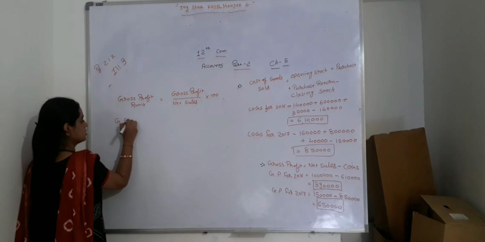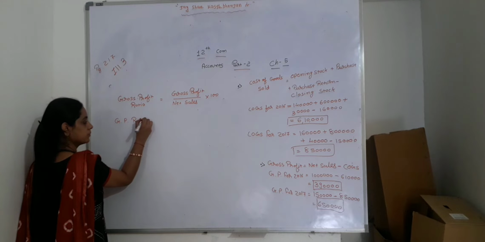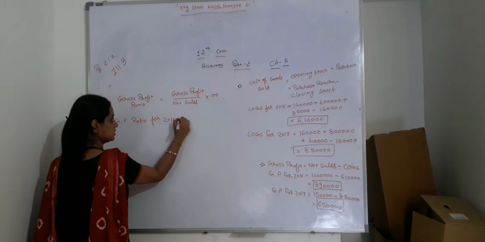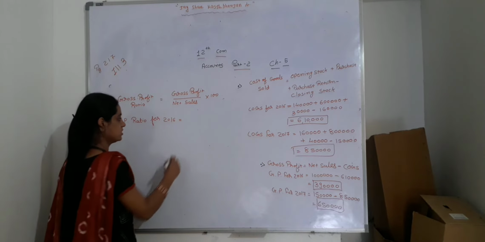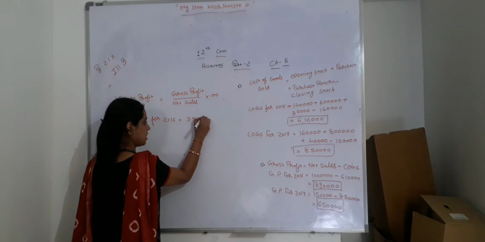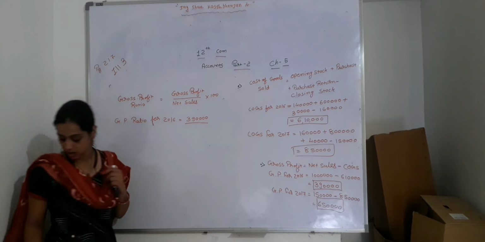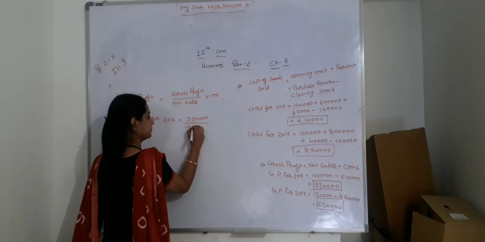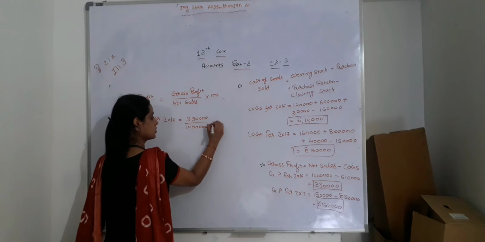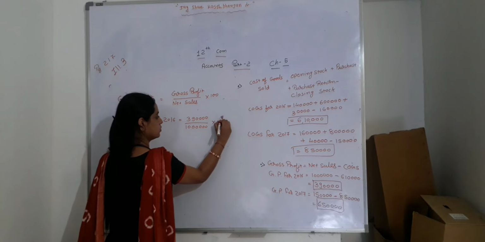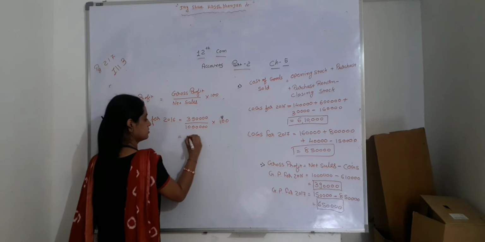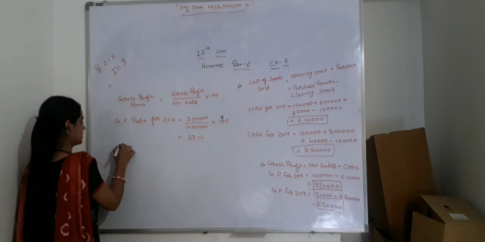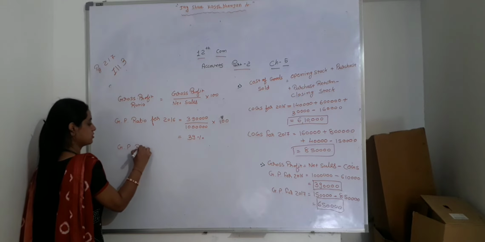First, GP ratio for 2016 is equal to gross profit 3,90,000 upon our net sale was 10 lakh, into 100. So our answer is 39%.